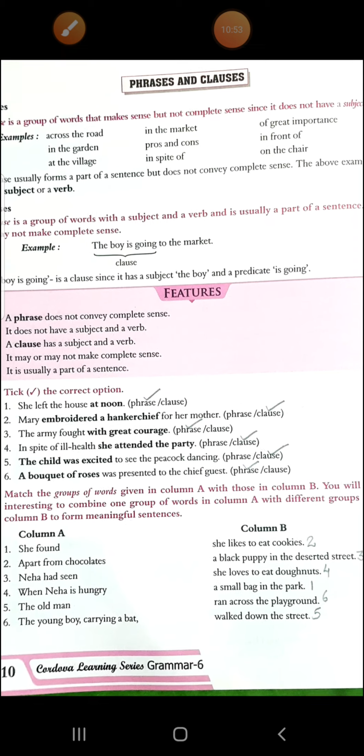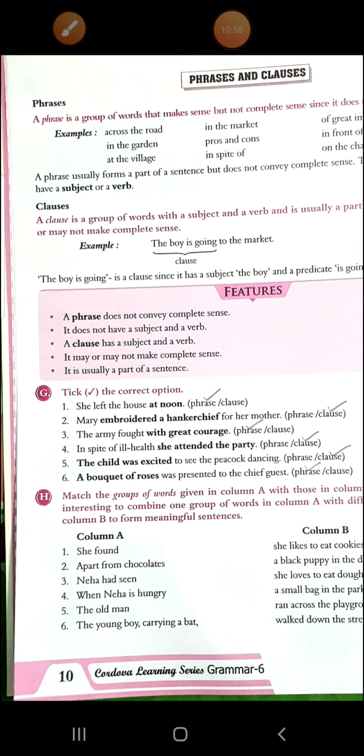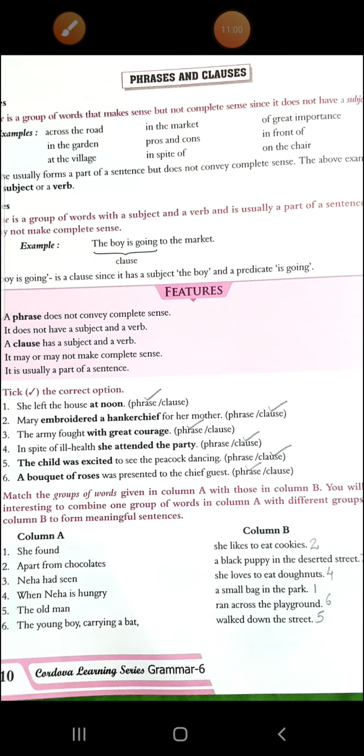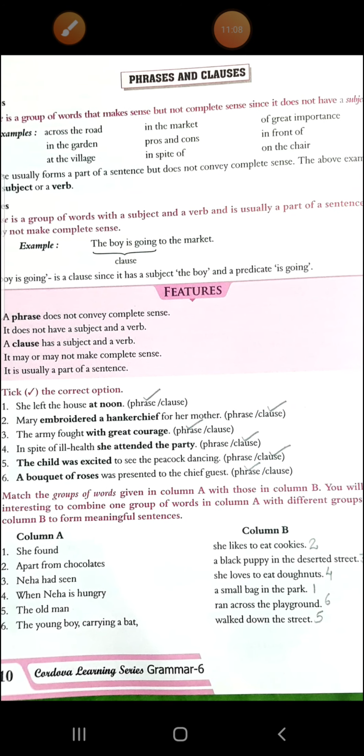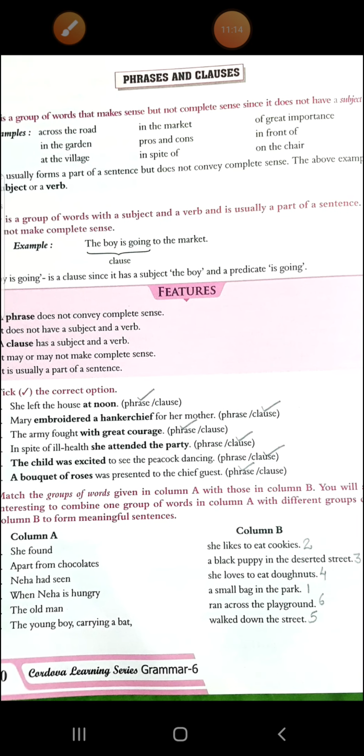In column A, you can see the first part is she found. Here I have marked it with a small bag in the park. You can even do this with the second part in column B. She found a black puppy in the deserted street. Whatever is your wish, you can mark any.